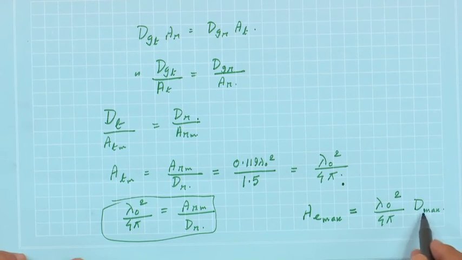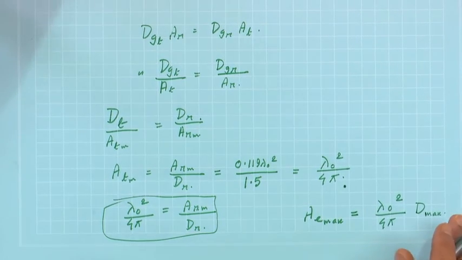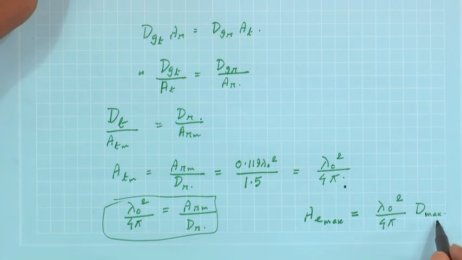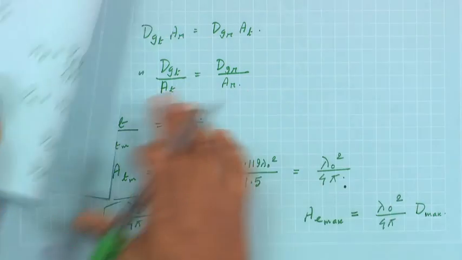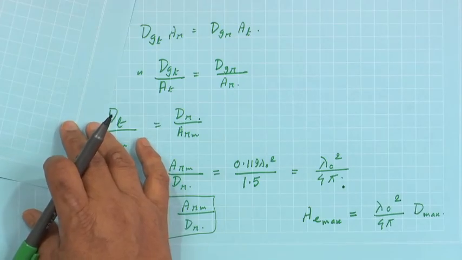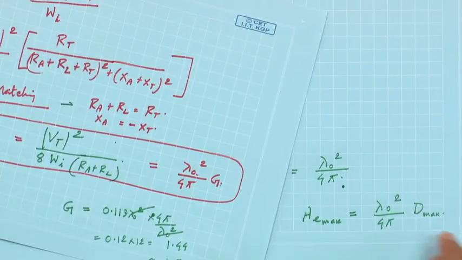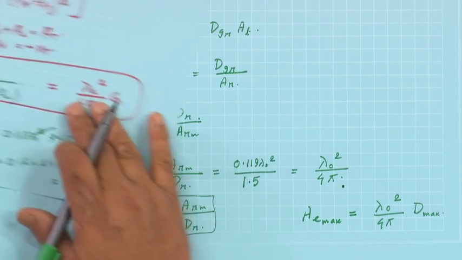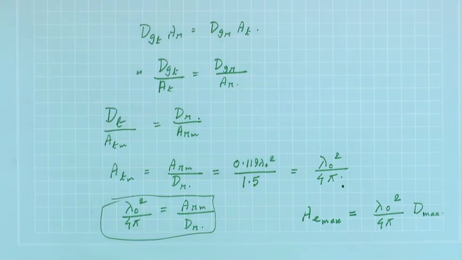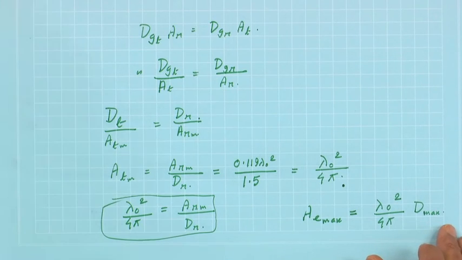Now, many times you will see that we have written it as gain. So, this formula is proved that A max is lambda naught square by 4 pi, and instead of D max, we are calling it gain. If there are efficiencies involved, that should be factored into here.